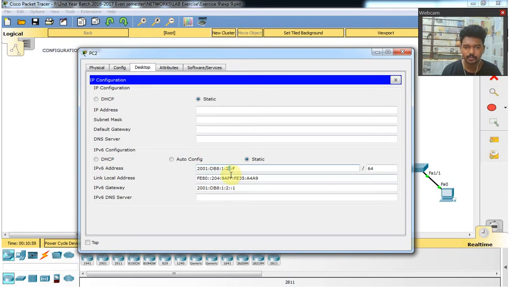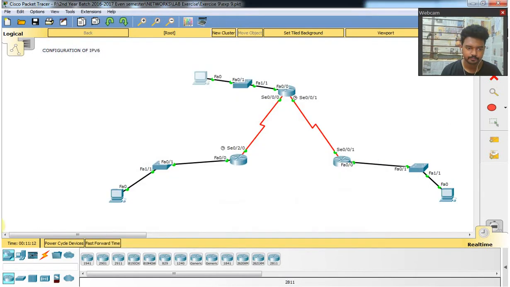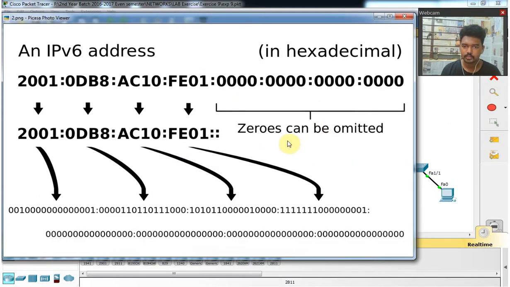That means between them, all the 4 digits are zeros. So a person can omit writing all the zeros, or they can omit only the leading zeros. See over here it's written that zeros can be omitted. It is in hexadecimal. This is the address translated: 1 2 3 4 5 6 7 8.